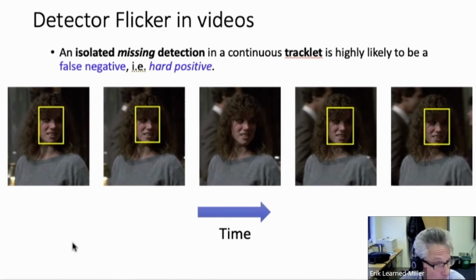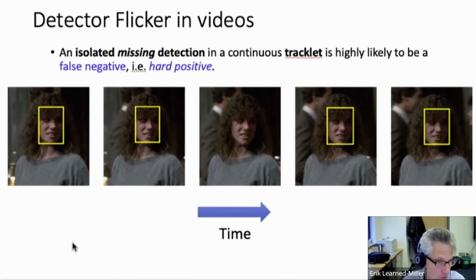So that's the whole insight behind this paper. If you take an existing detector and you run it on hundreds and hundreds of videos, you can search for these flickers that are either hard positives or hard negatives. You can copy them to the side. And when you have a million of them, there's no reason you can't get a million of them.